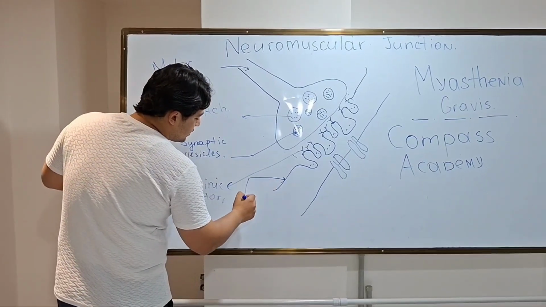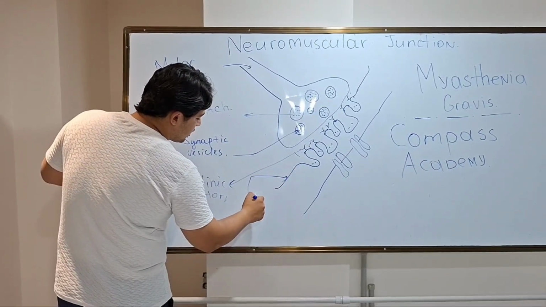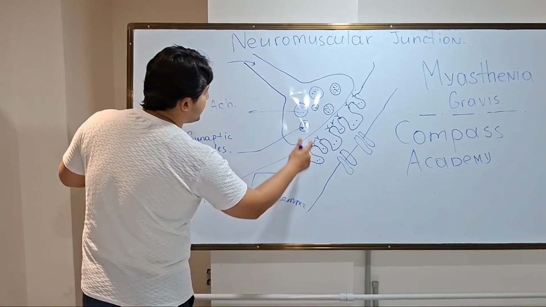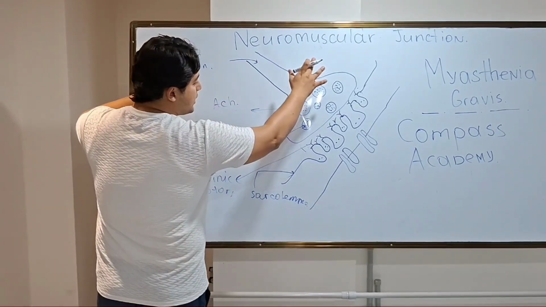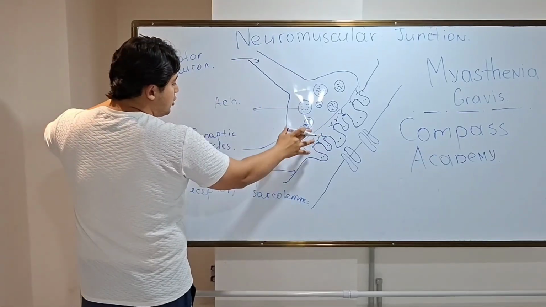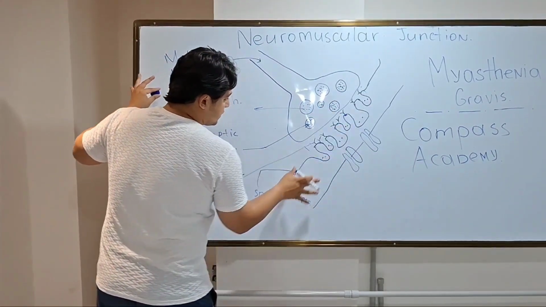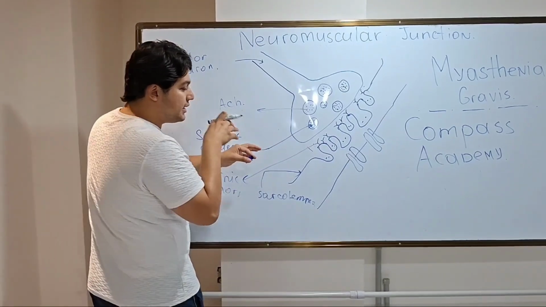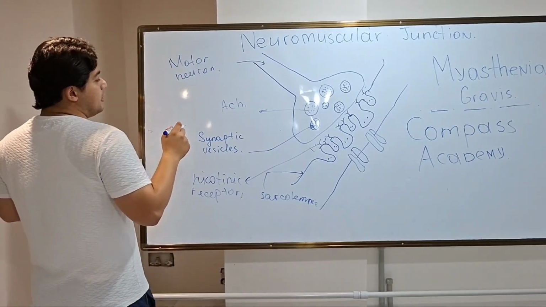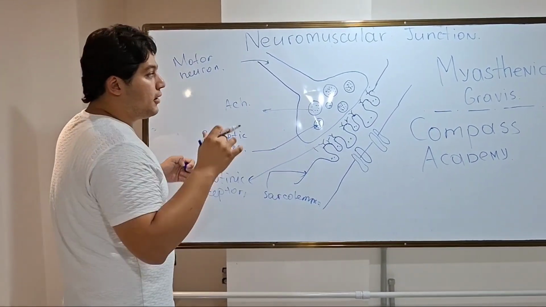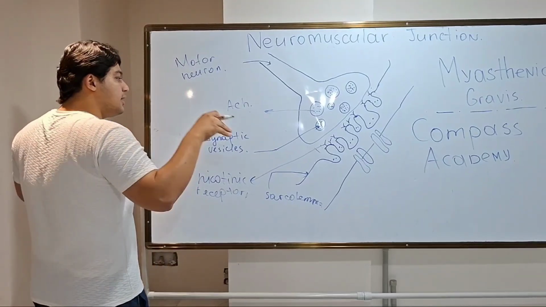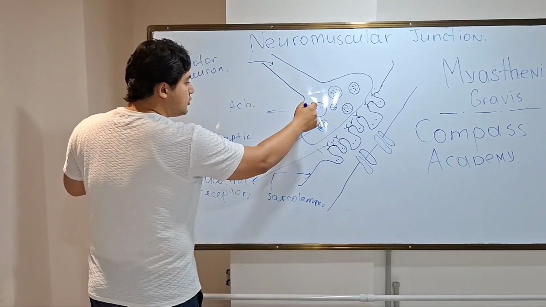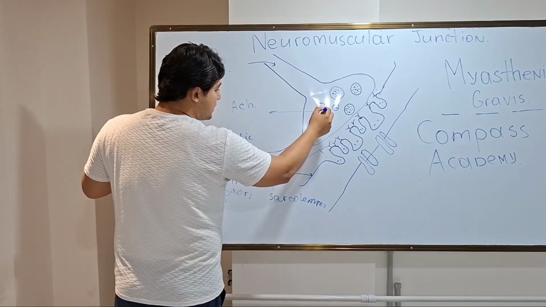This is the sarcolemma. So basically, this is the motor neuron, and this is the muscle. The motor neuron is located inside the muscle. When the brain sends an impulse, it will act on the synaptic vesicles.